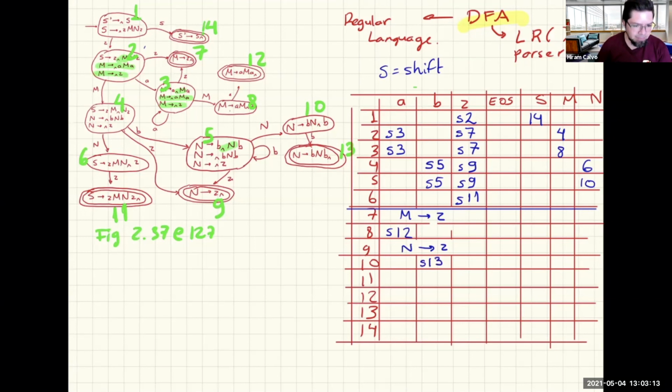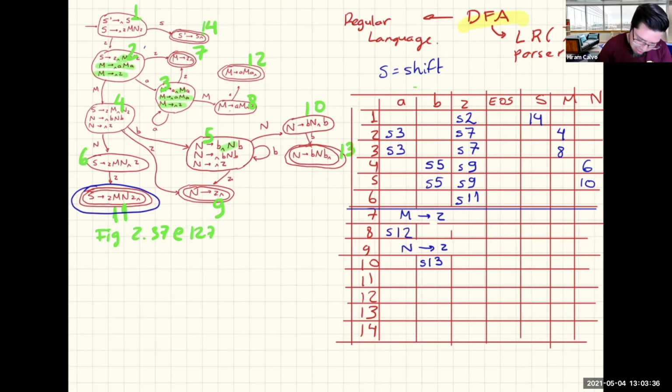State 11 is also a final form. However, we have an exception here because we are using the S. So whenever the S rule comes to a final state, then we won't write this here, but here.